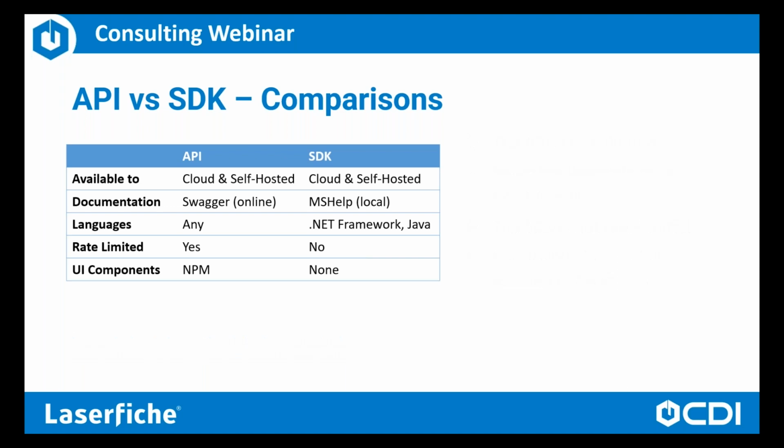UI components. The Laserfiche API provides UI components that are available via NPM for use within your custom applications. You will not need to write your UIs from zero. Laserfiche does provide some components that we will look at soon for building a user interface.